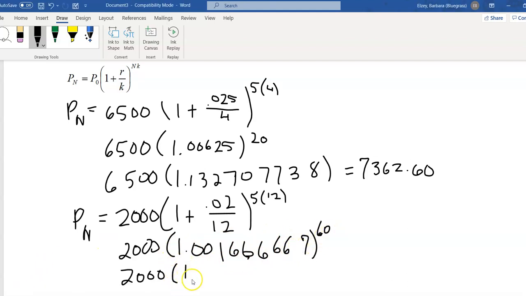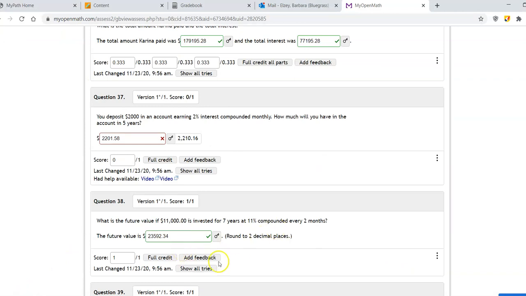And that gives 1.105078927. And now finally, if I multiply 2,000 times that number, it's 2,210.16. And if we look back, 2,210.16. Okay, so somehow you just got off in your decimals here.